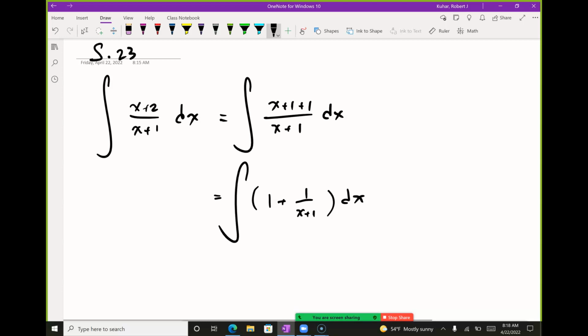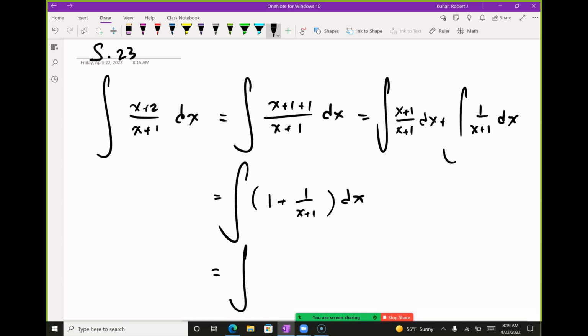I can now take a multi-term numerator and split it into two or more fractions. This one could be split into 3 fractions, but splitting it into 2 makes more sense. I get x plus 1 over x plus 1 dx plus the 1 over x plus 1 dx. And the x plus 1 over itself is 1, right? So that's where I'm at.